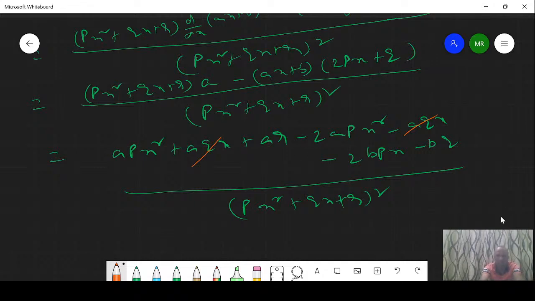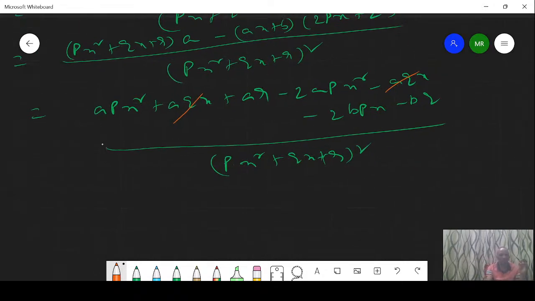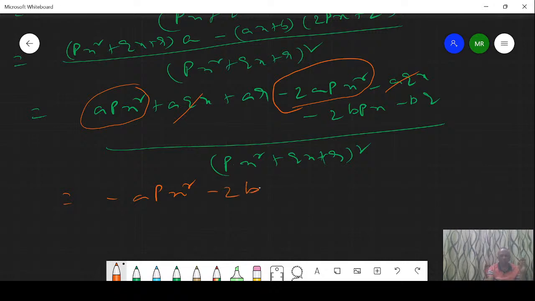So from this I can write minus apx square, and this will come minus 2bpx plus ar minus bq, by (px square plus qx plus r) whole square.